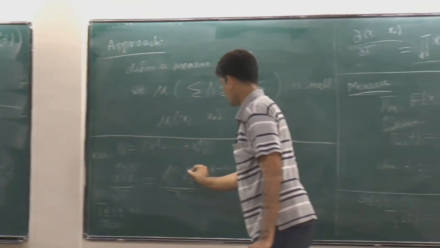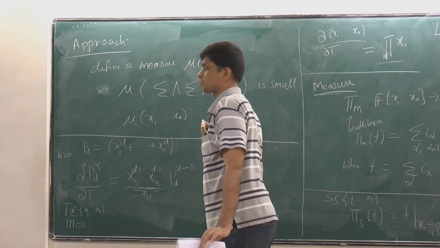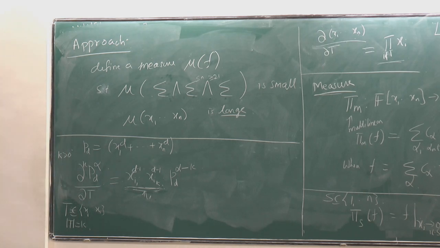In the case d is 1, the derivative is just the linear form, so it is just a power of the linear form. So when d is 1, the dimension will be 1, else it will be just 0.